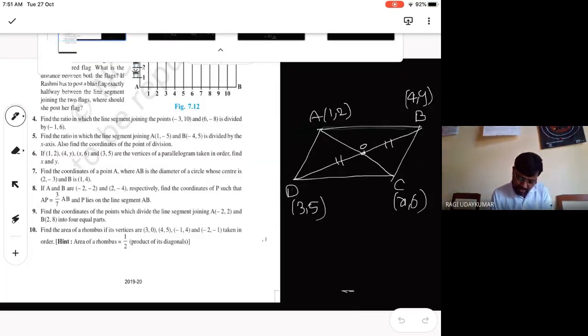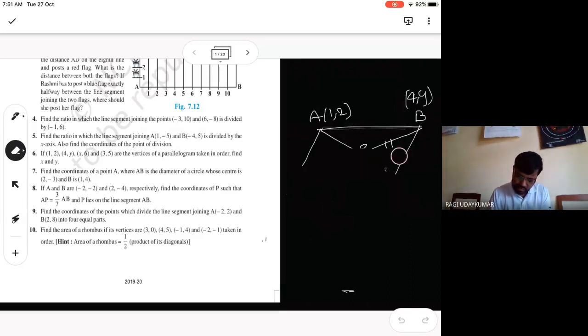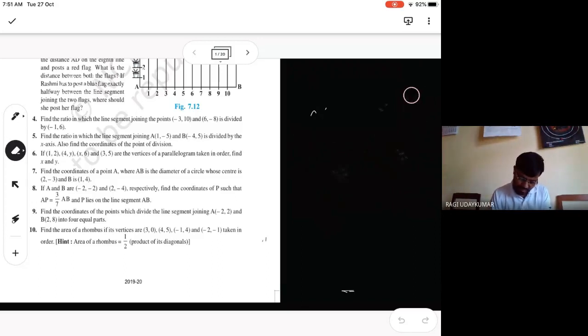Now, seventh question. Find the coordinates of the point A, where AB is the diameter of the circle. So this seventh question is very simple. I think you can do it. I am leaving this as homework.